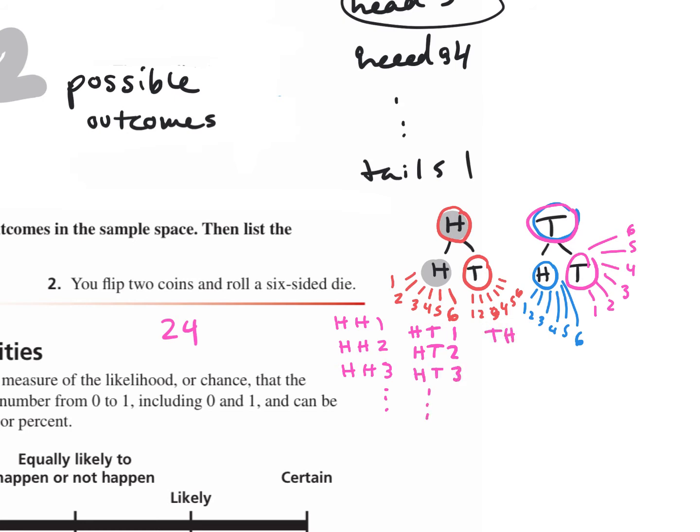Tails, heads, 1; tails, heads, 2; tails, heads, 3; 4, 5, and 6. Tails, tails, 1; tails, tails, 2; tails, tails, 3, and so on. So this would be our 24th. A lazy way of writing the 24th, but you guys get it, right? Yeah. Okay.